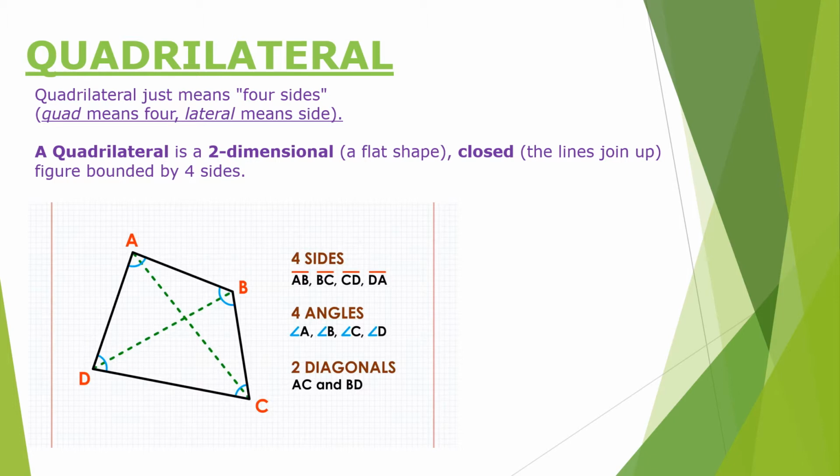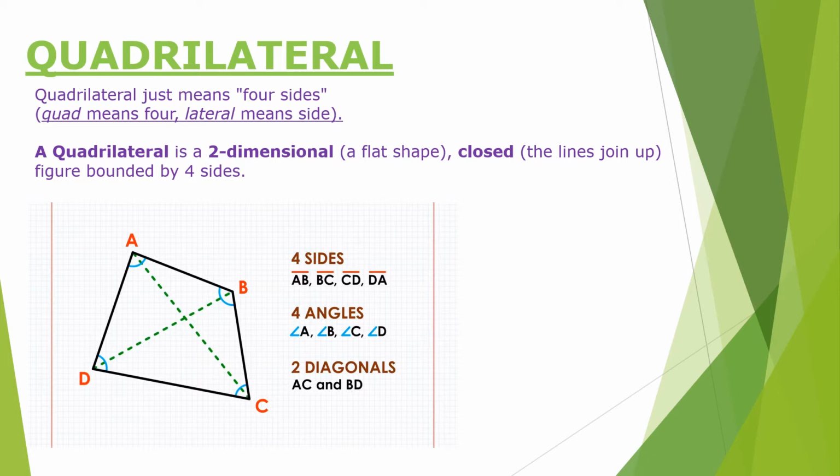Then the line segment which joins the opposite vertices of the quadrilateral is considered as a diagonal. Children, the line segment which joins the opposite vertices of a quadrilateral is considered as a diagonal.